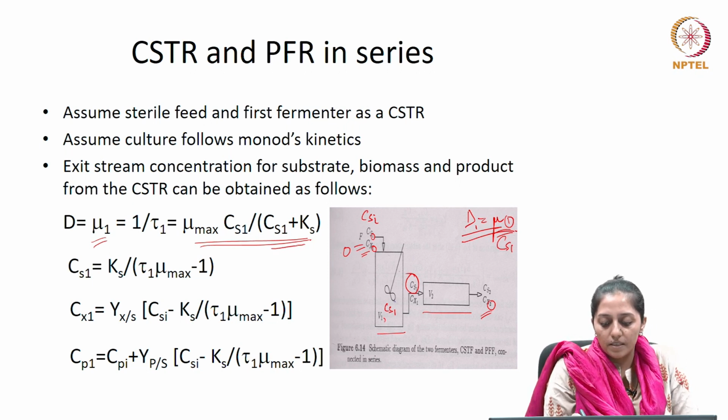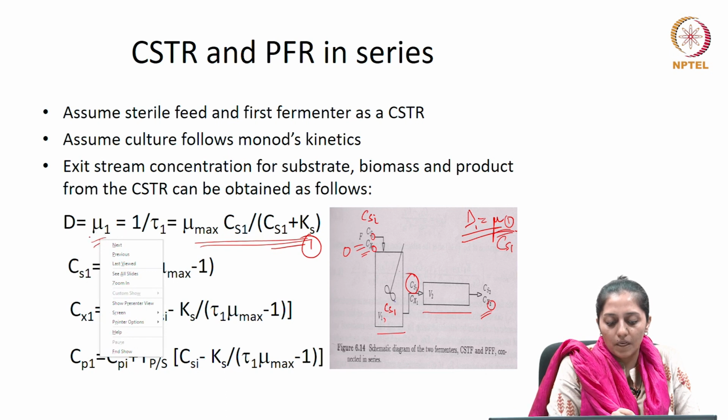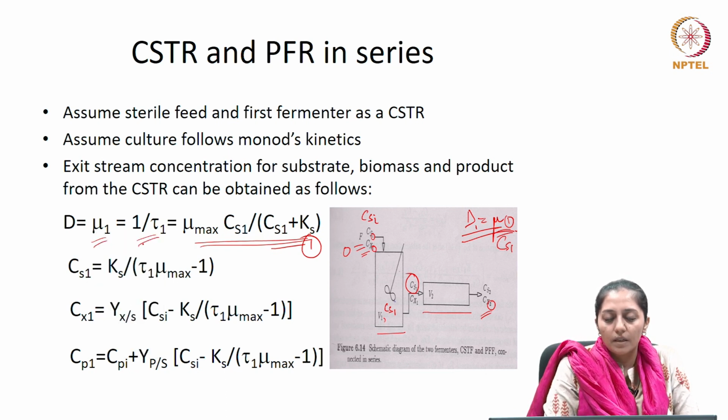If you see this equation 1, it is in terms of the dilution rate, the specific growth rate of the culture in the first reactor, which is again the inverse of the residence time of the first reactor, represented as tau 1, and it has been further expanded.